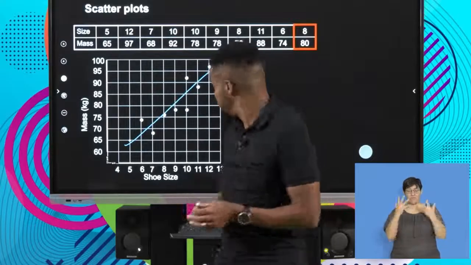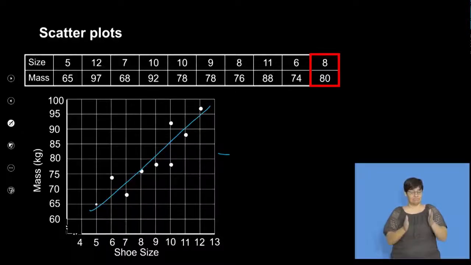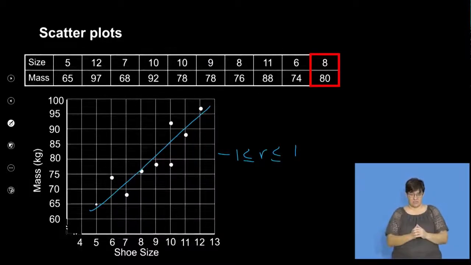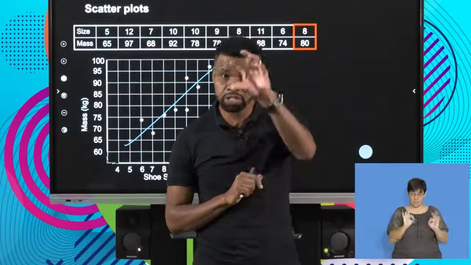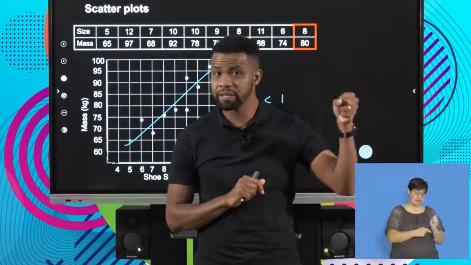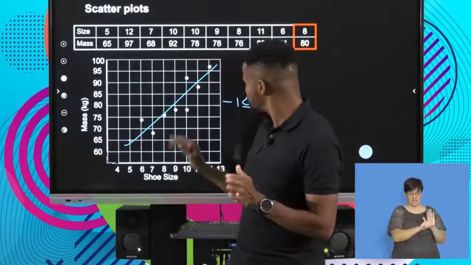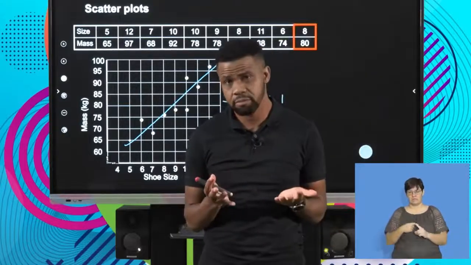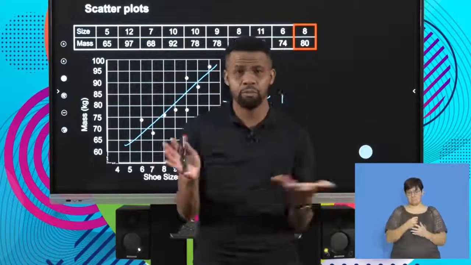Remember we said correlation is between -1 and 1, where 1 is perfect positive and -1 is perfect negative correlation. I would say this is strong positive, close to 1, maybe 0.8.